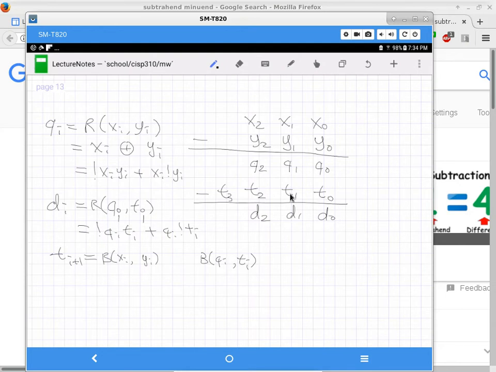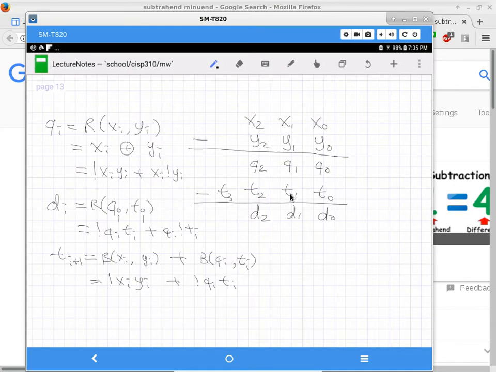So when you express this, it becomes not xi yi or not qi ti. Haven't we seen something like this, except the T's are called the K's, the D's are called the S's? Yeah, it's just addition, with the only exception that the first term ends up with a little negation. That's the only difference.